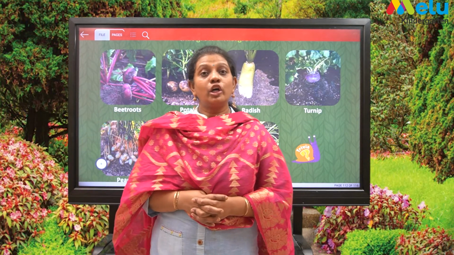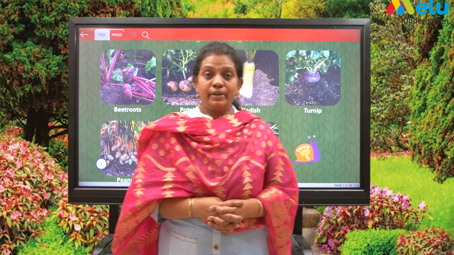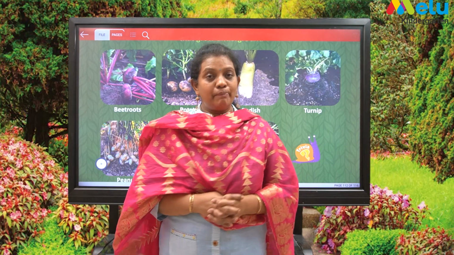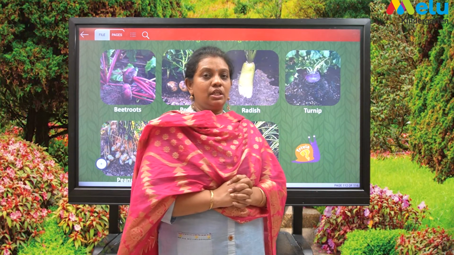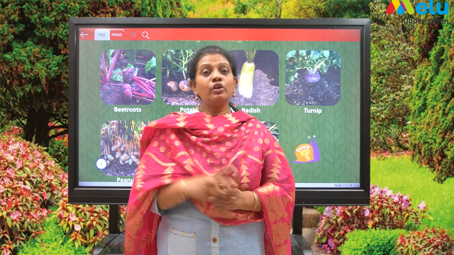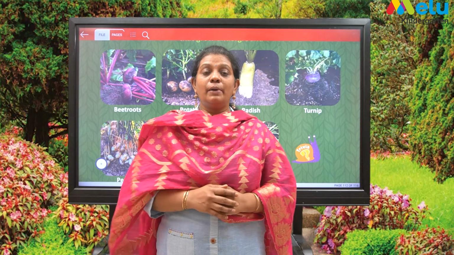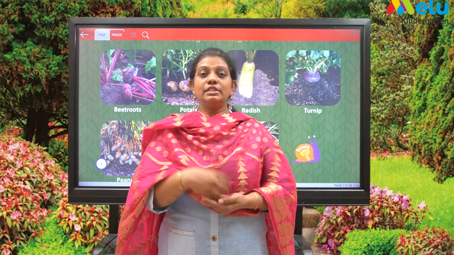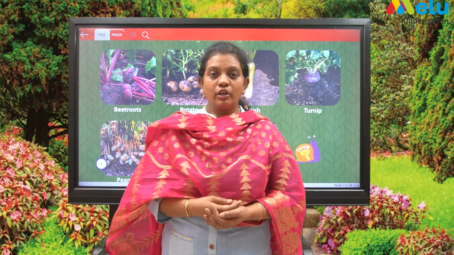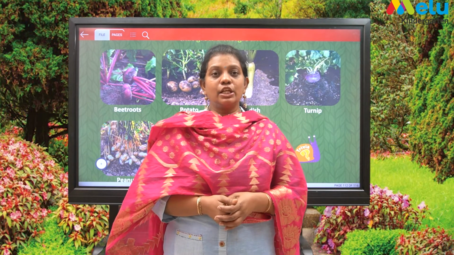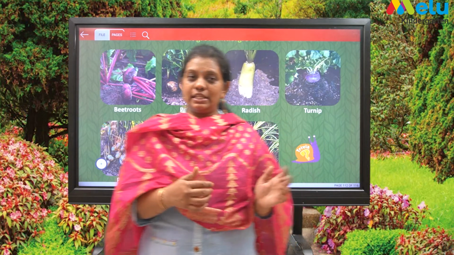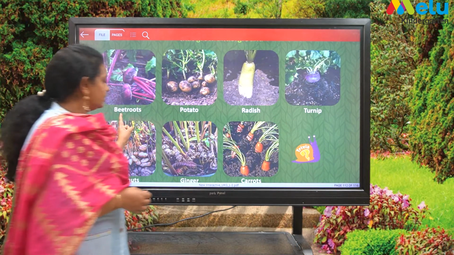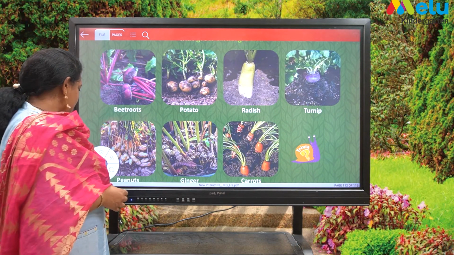And just now what all we saw, like cucumber plant, peepal tree, neem tree, aloe vera, tulsi, all those grow above the ground. But few plants will grow under the ground, children, inside the ground. So what all the plants that grow under the ground we'll see here. See here, beetroot. You see beetroot, right?